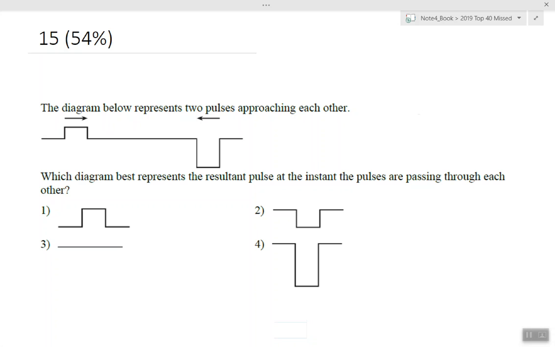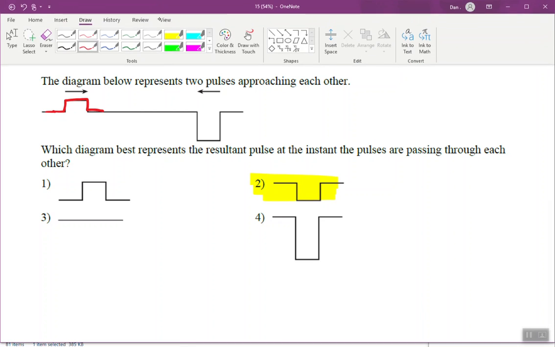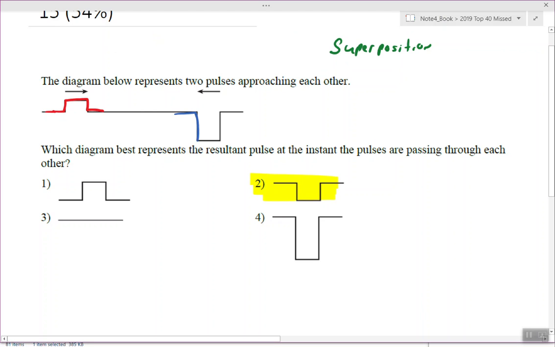15. 2. This problem is about one word: superposition. So when you have two or more waves, they add together. So you've got, I'm going to call this the red pulse plus, let's call this the blue pulse.